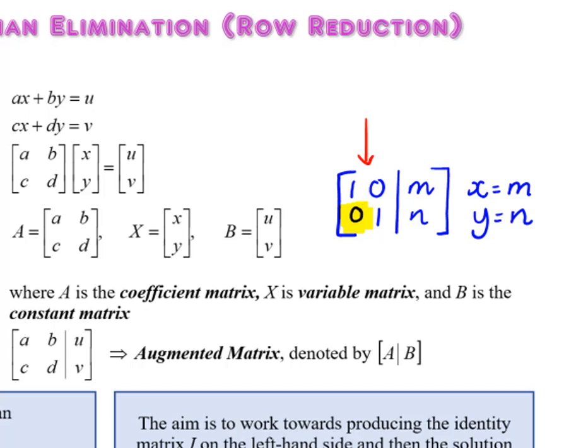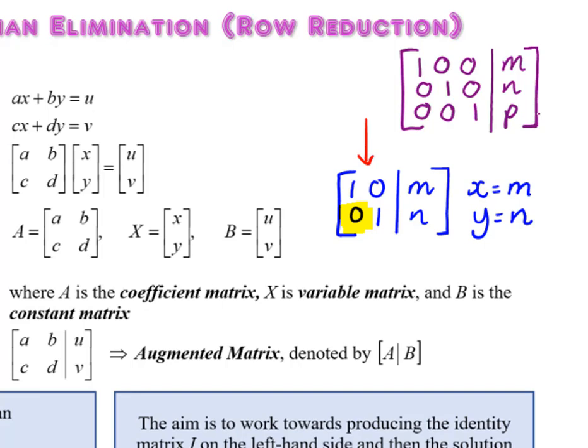If we have a 3 by 3, then we would be looking at 1, 0, 0, 0, 1, 0, 0, 0, 1, and m, n, let's go with p on that side. So we're going to be trying to get these zeros before we look for the zeros at the top, okay?